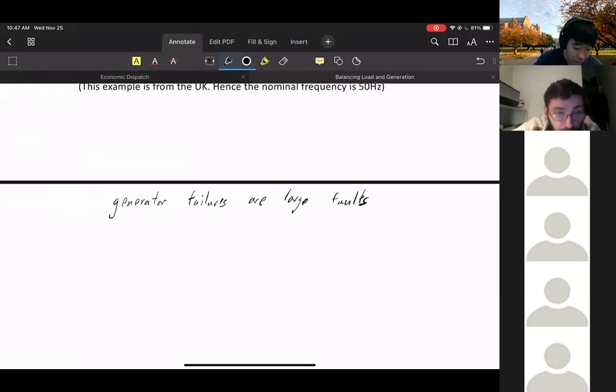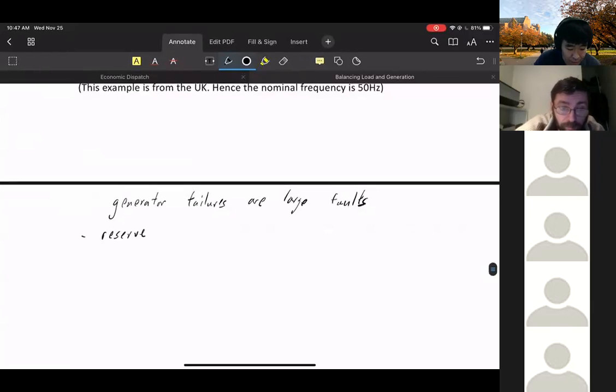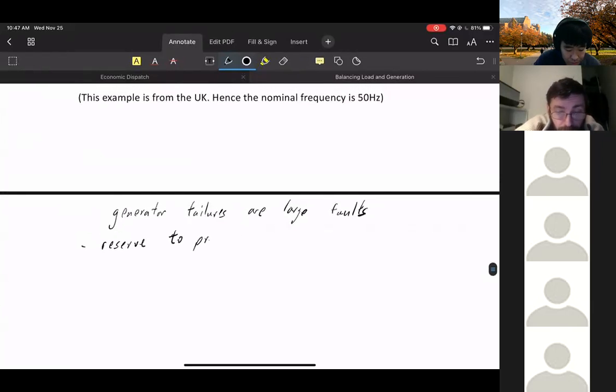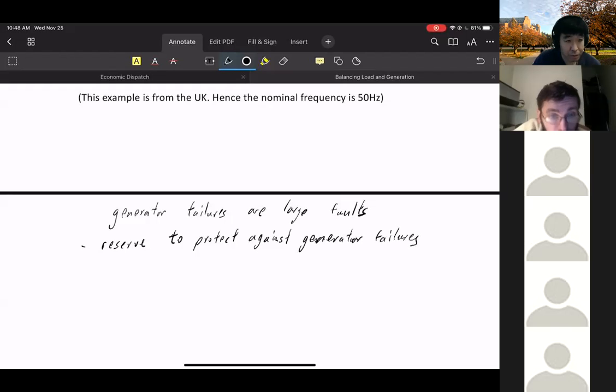So basically this requires some reserve. We need some reserve in the system to protect against generator failures.